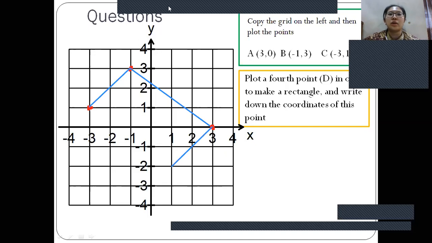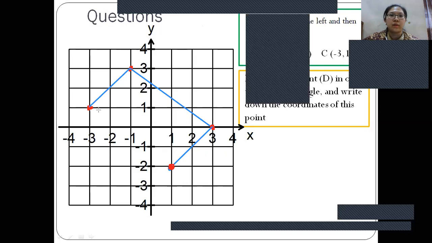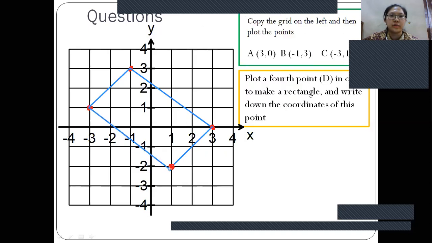So therefore, I should plot D on this side. If I connect them, we will have a rectangle.